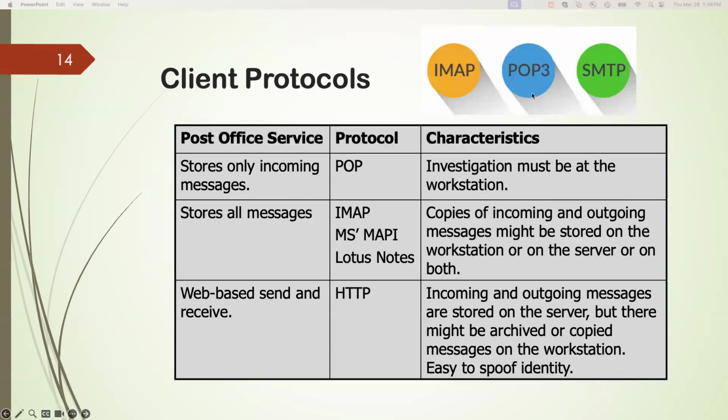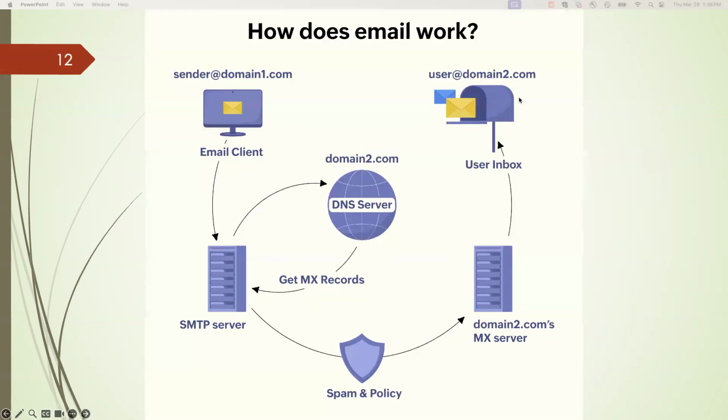The next thing is we have on the receiver side two protocols, IMAP and POP3. Let's discuss them with the help of this example. When the email arrives at the receiver's mail server, the receiver has two protocols with which it can get the email to its own machine. The first one is called the IMAP protocol.